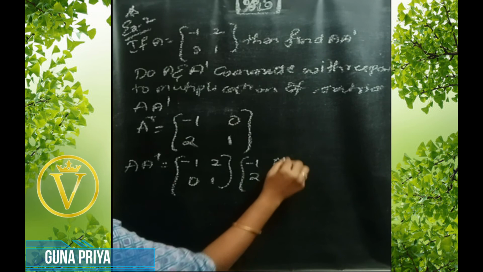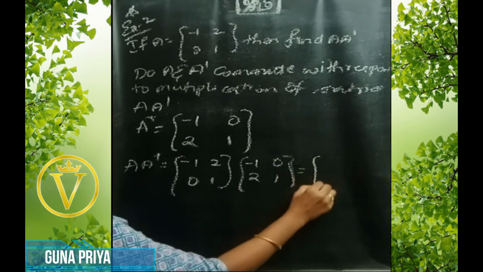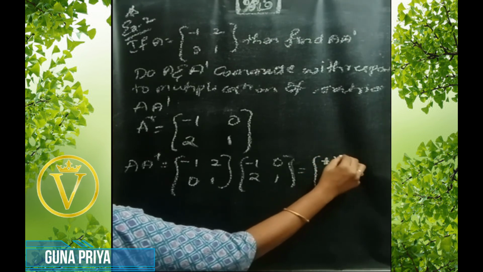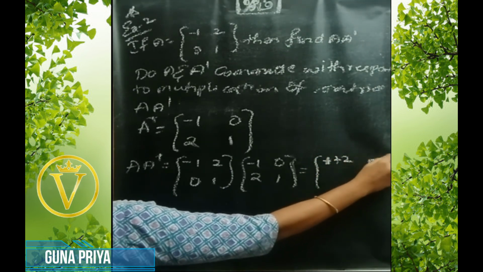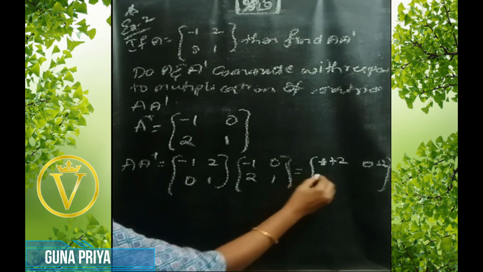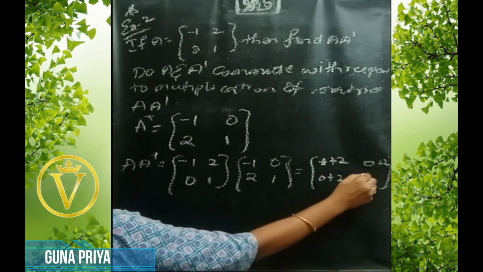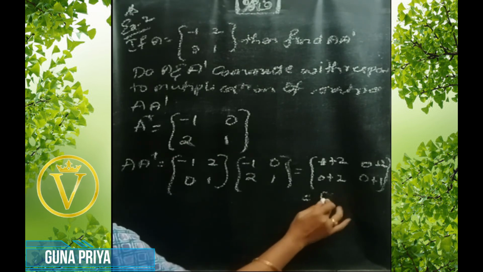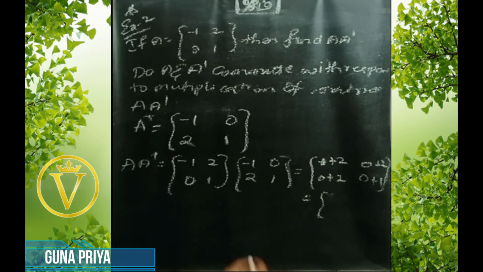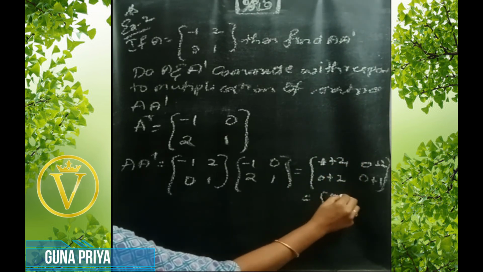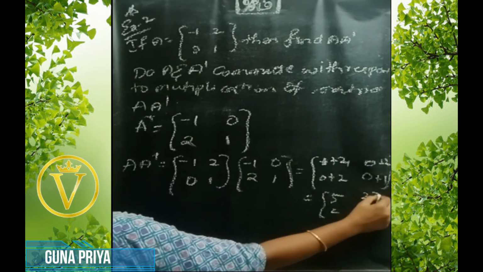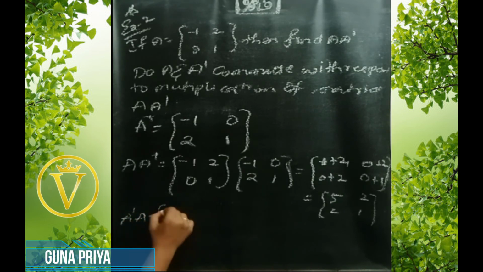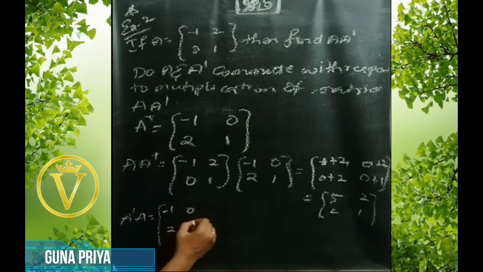-1, 0, 2, 1. While multiplying, that is 1 plus 2, 0 plus 2. 0 plus 2, 0 plus 1. That equals, sorry, here that is 4, 5, 2, 2, 1. A transpose A: -1, 0, 2, 1.